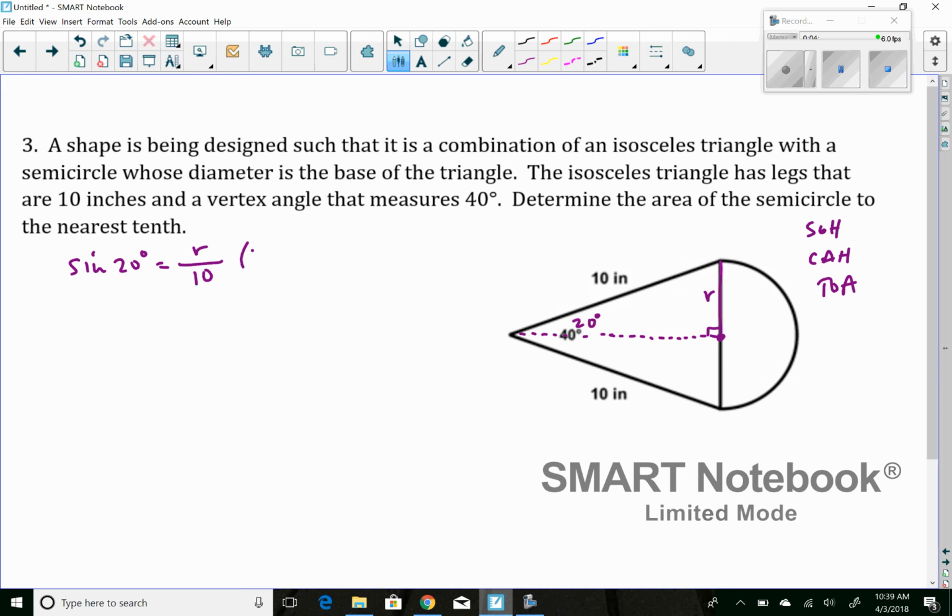Multiply both sides by 10, and the radius is going to become 10 sine of 20. If I type that in my calculator, I'm going to round it about 3 or 4 decimal places past whatever I want to round to. So if I do 10 sine of 20, I wind up getting a radius of 3.420.